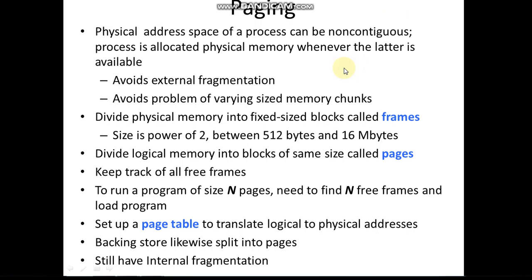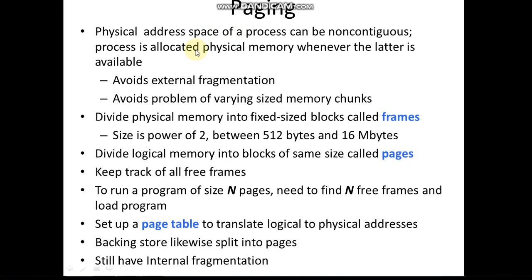In the last class we have seen how, if a physical address space is broken into unequal sized partitions, memory blocks can be assigned by using first fit, best fit and worst fit algorithms. And now we'll look into paging, where the physical address space of a process is non-contiguous.